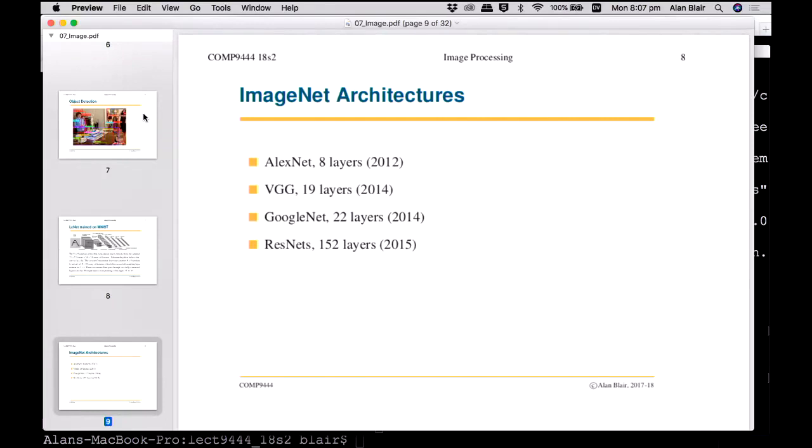Then in 2014, there was a network called VGG, which had 19 layers. And then there was GoogleNet. And then 2015 was ResNet. And I think 2016 was DenseNet.